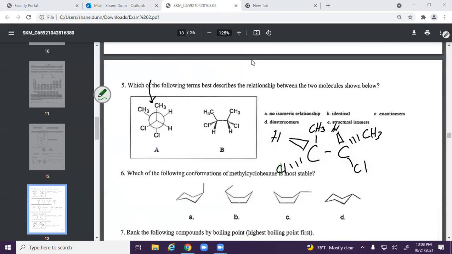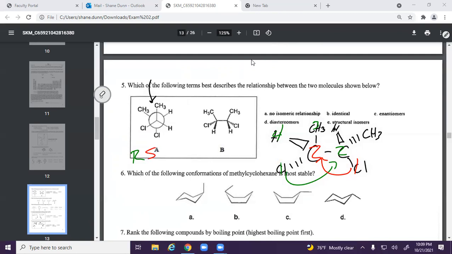1, 2, 3, 4. 1 to 2 would normally be what? S. But since our hydrogen's wedged, it's R. Okay. 1, 2 would normally be R, but since our hydrogen's wedged, it's S. Okay.